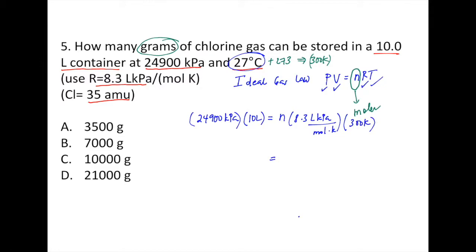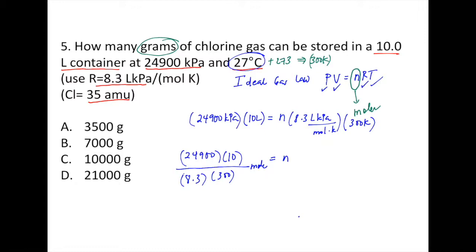Solving now for the value of n, that is 24,900 multiplied to 10 over 8.3 multiplied to 300. Take note that the overall unit for this will be mole. Solving now, we can see that 24,900 divided by 8.3.